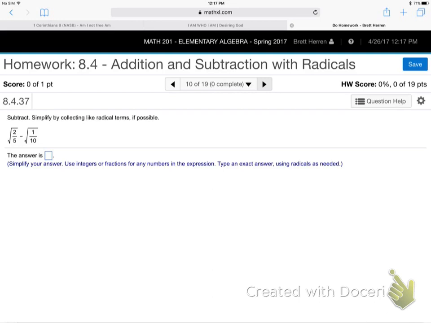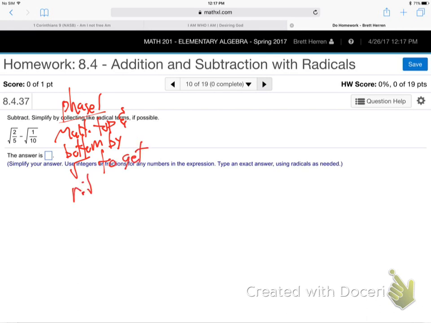So same thing. What's phase 1? Get rid of the roots from the denominator. So multiply top and bottom.